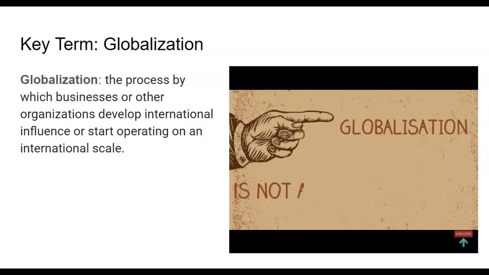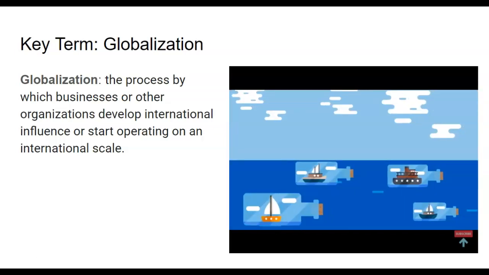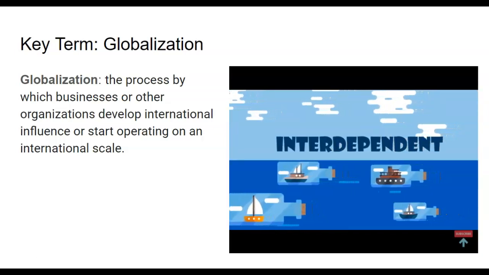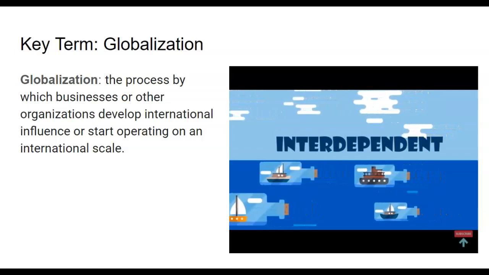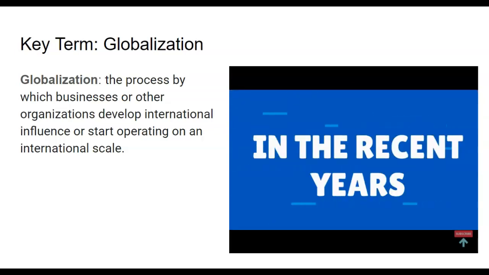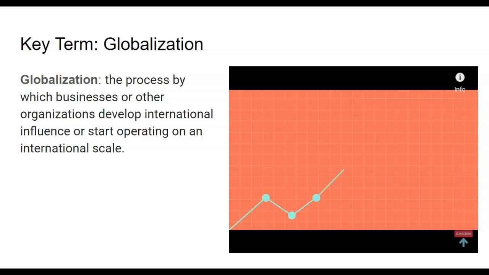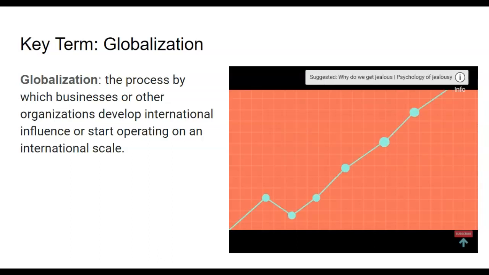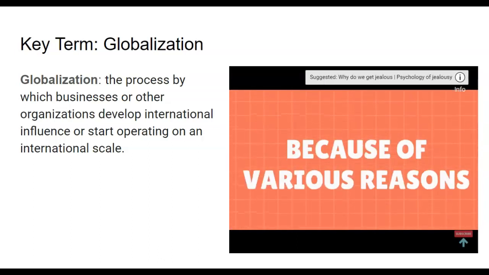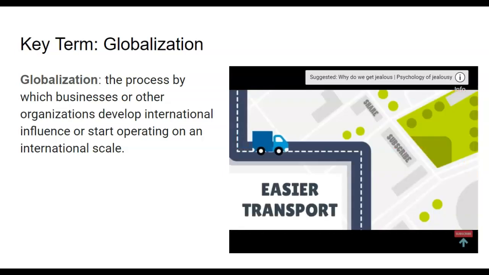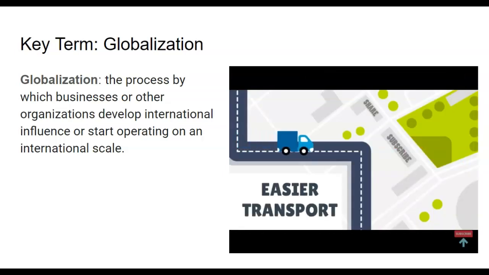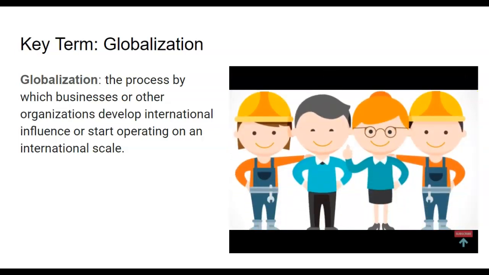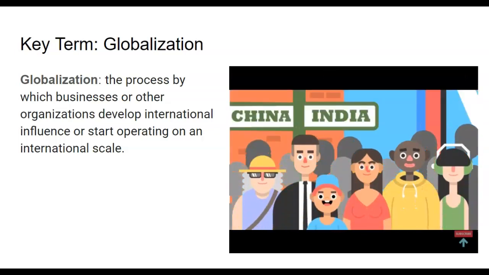Globalization is not a new phenomenon. The world economy has been increasingly interdependent for a very long time. In recent years, the process of globalization has accelerated exponentially. This is because of various reasons. Easier transport has enabled the movement of people and goods all over the world. Businessmen can get labor from countries that have a lot of population.